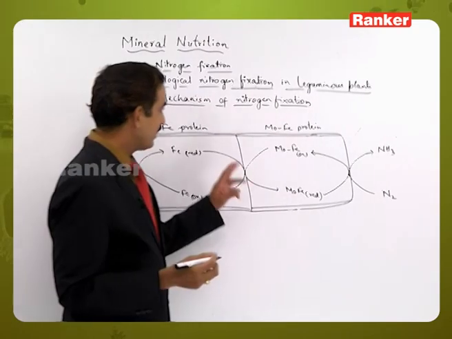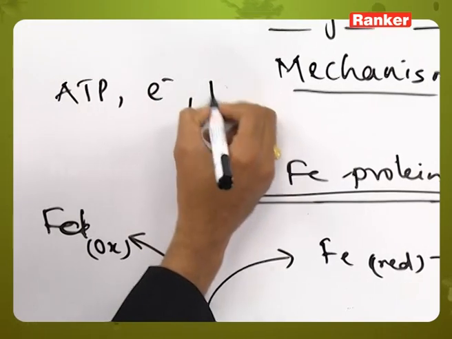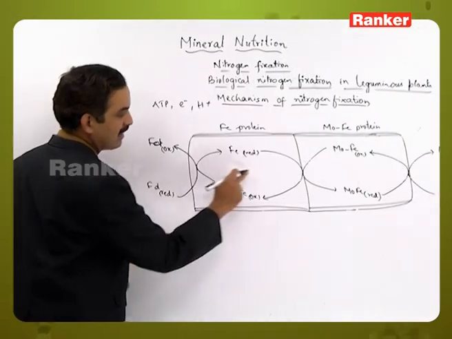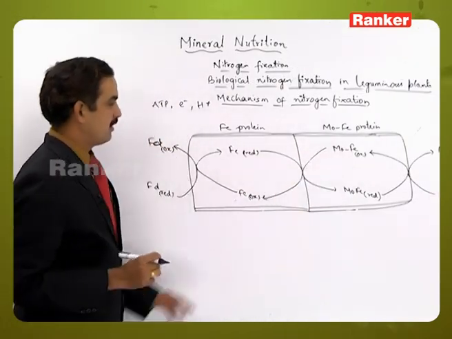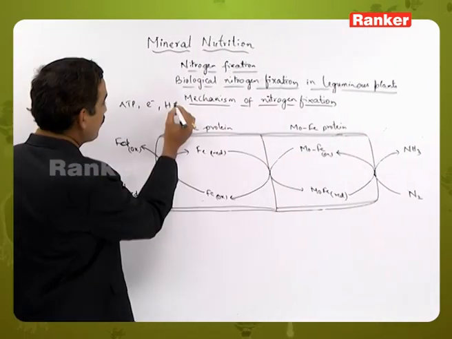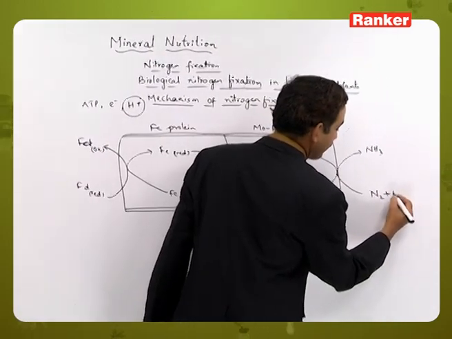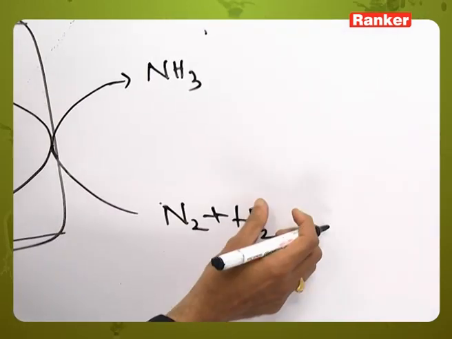Actually, here we have to consider three things: ATP, electrons and protons. Electrons move through the iron protein and molybdenum iron protein part and are finally received by the nitrogen, but the protons are directly taken by the nitrogen, N2 plus H2.